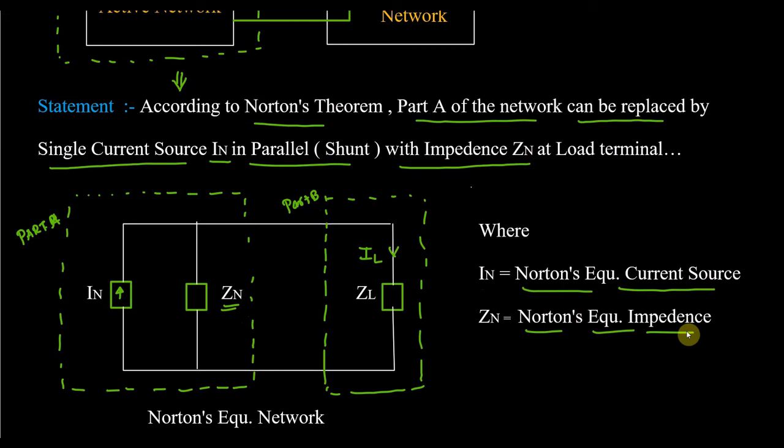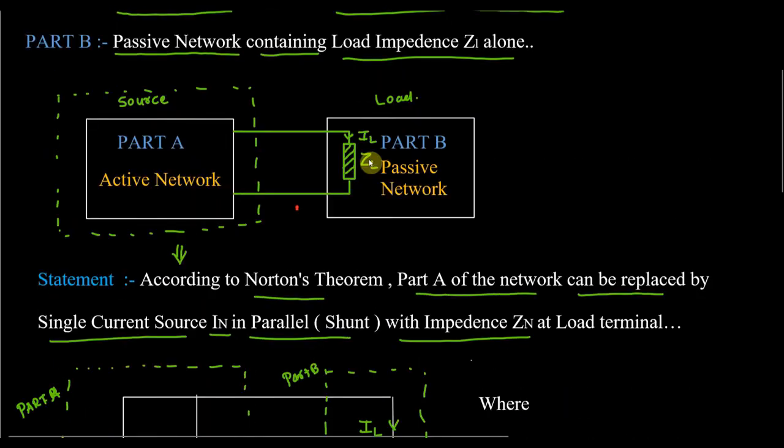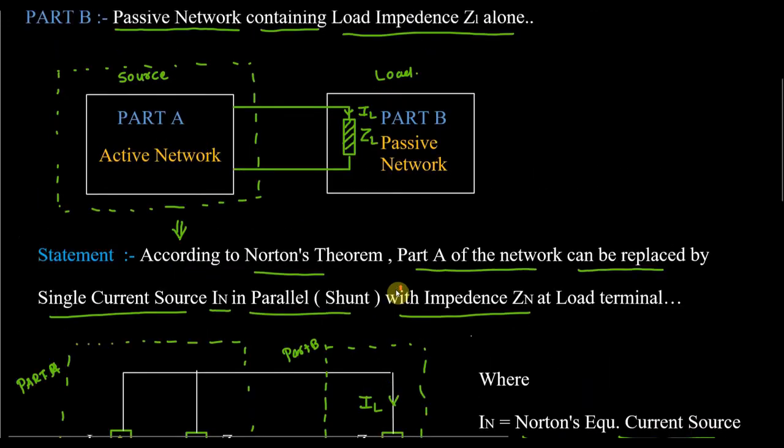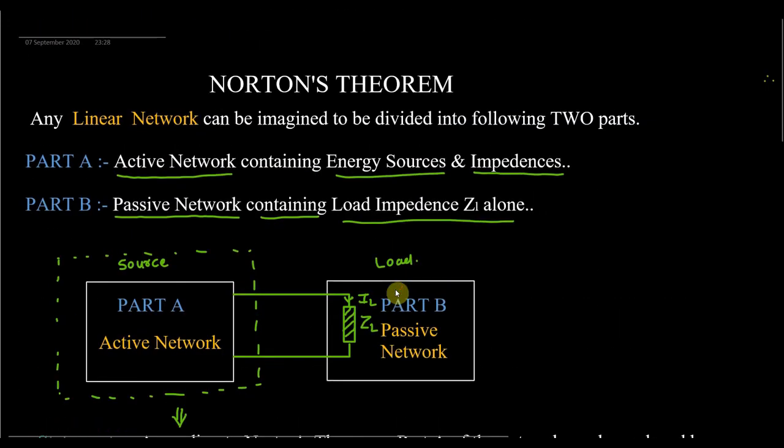So you can replace the complete network by this single circuit, called Norton's equivalent circuit, and part B, the load impedance, stays the same. This is the basic statement of Norton's theorem.